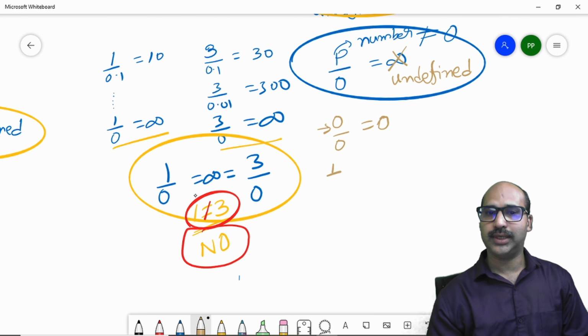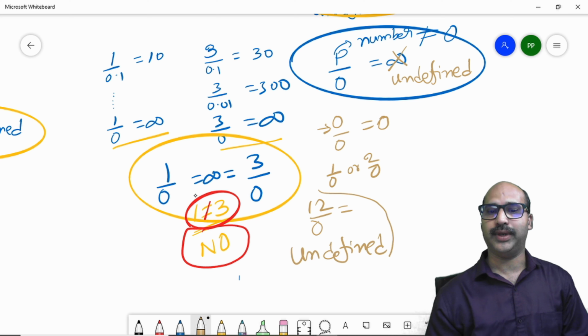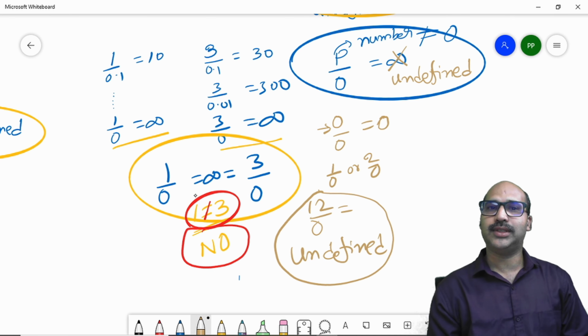Otherwise 1 by 0 or 2 by 0 or 12 by 0, whatever it may be, these are all undefined. Why are these all undefined? Because these are not definable.